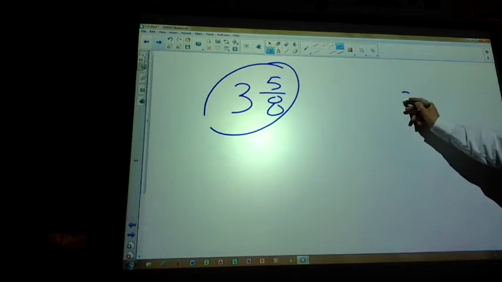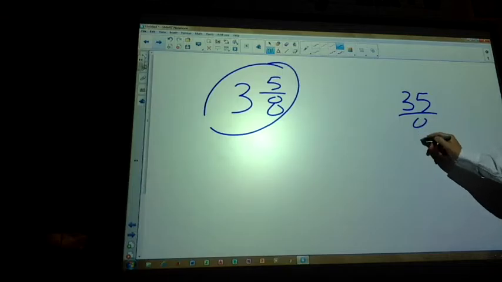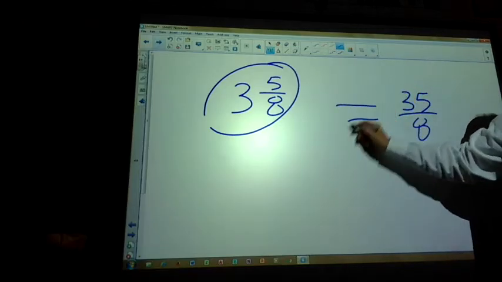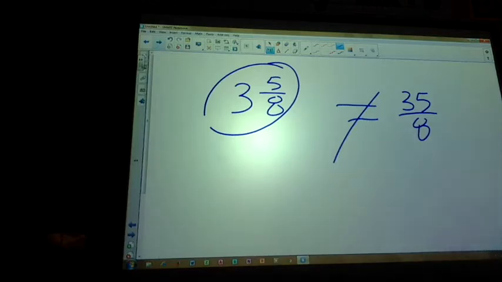This will eventually morph into this. Wait, wouldn't it be 29 over 8? No, I'm just showing you what it's going to morph into. Okay? Is 35 over 8 the same thing as 3 and 5/8? No, these are not equal at all. 29 over 8 is the appropriate answer.